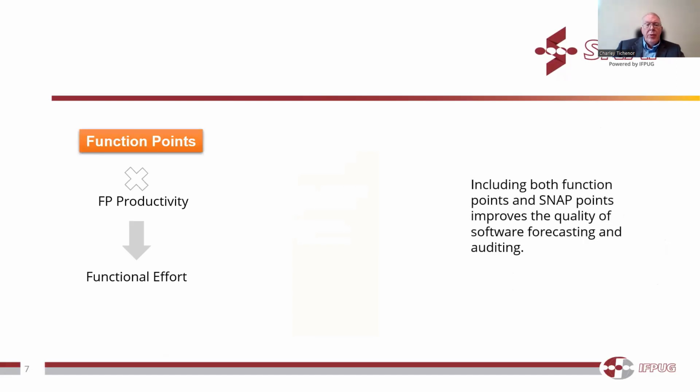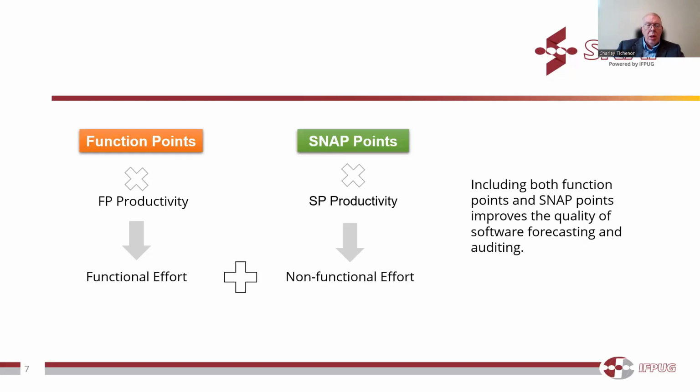The amount of effort to develop the functionality in the software is the total number of function points times the function point productivity rate, which may be a certain number of function points per day or per week or per hour, or however your organization chooses to do it. The SNAP point productivity rate is probably going to be different than your function point productivity rate.